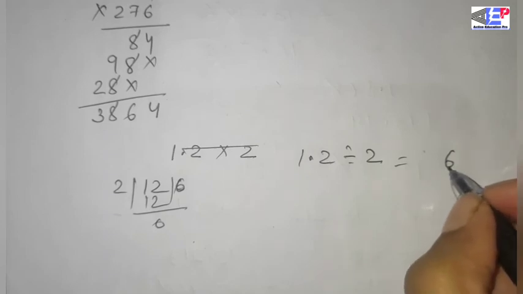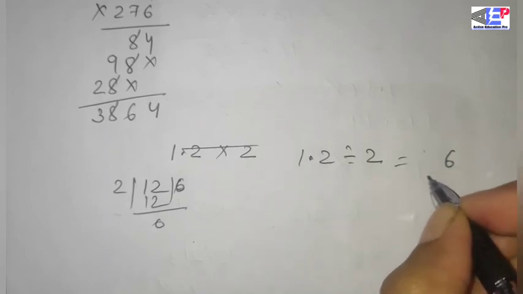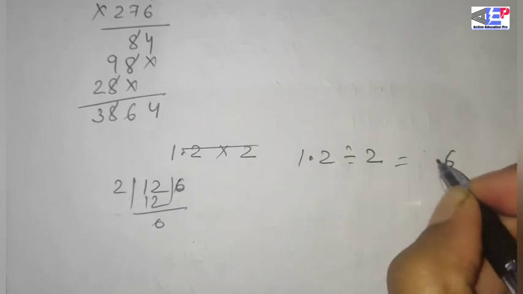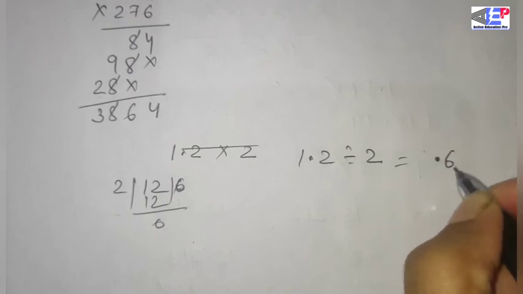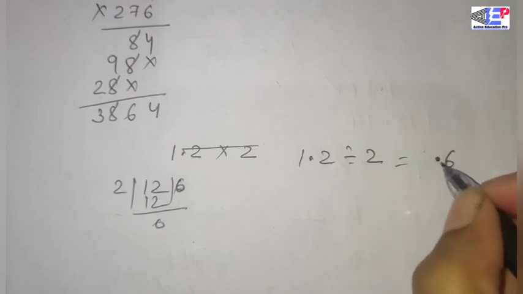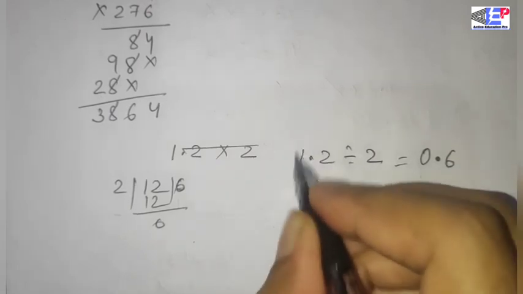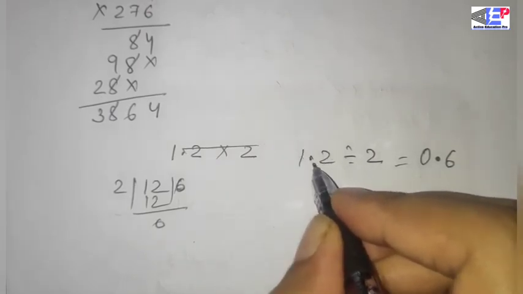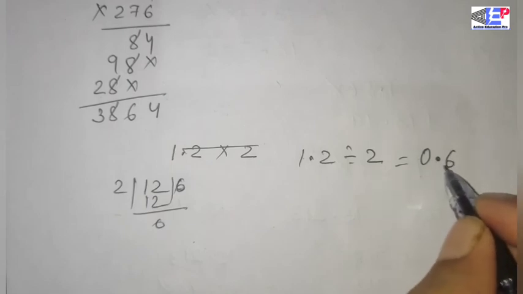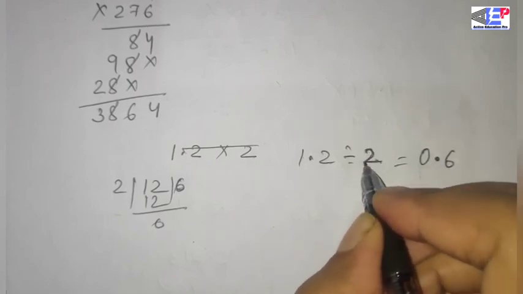So 6 moves from right to left, carrying a decimal point before this digit. So this will be 0.6. 1.2, this number carries 1 decimal place after the decimal point. So this answer will carry 1 decimal place after the decimal point because it is divided by the number 2.